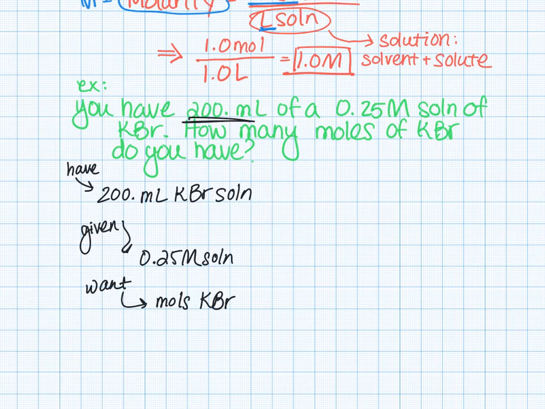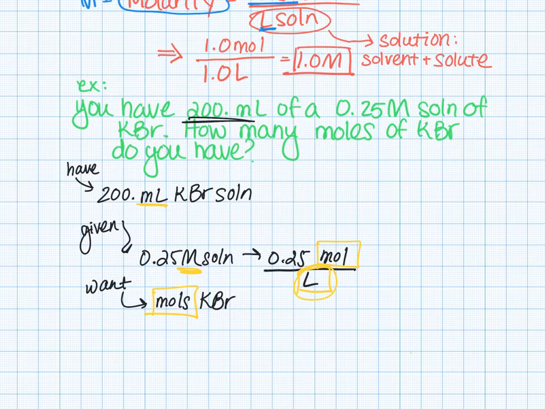My suggestion is every time you see big M, you write it as 0.25 moles over liter. You always write that when you see big M. This way you will notice that you have moles and liters, and you want to get to moles, so all you need to do is get rid of liters. Well, I've started with milliliters.